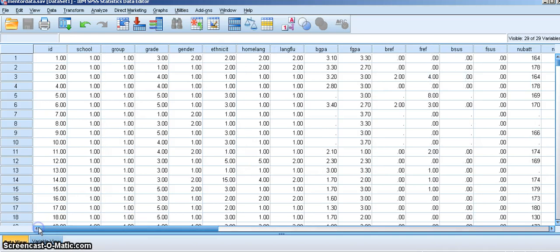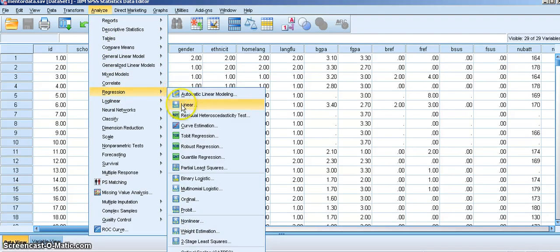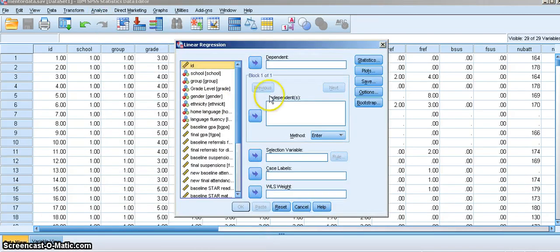So let's say I want to use the beginning GPA to predict what their final GPA is going to be. To do that, I'm going to go under Analyze, and I'm going to go down to Regression, and as of right now we're going to talk about linear regression.